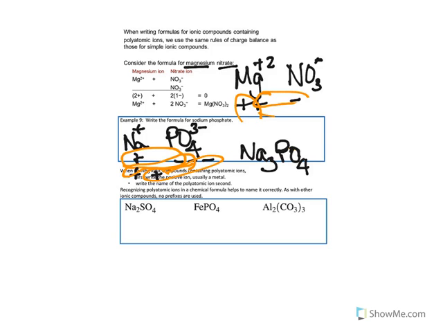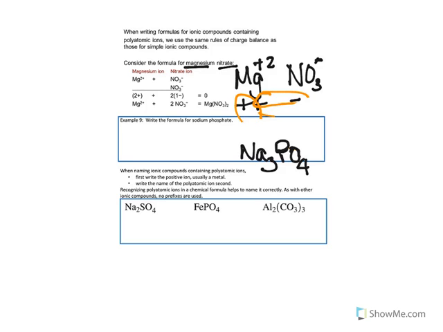How about a couple more examples? Let's see what we got here. Number 10. It says, when naming ionic compounds containing polyatomic ions, we first write the positive ion, which has been true so far of all of the examples we've done, whether it's polyatomic, simple metals, or transition metals. We always write the positive ion first, which is usually a metal, except in the case of ammonium. We write the name of the polyatomic ion second.